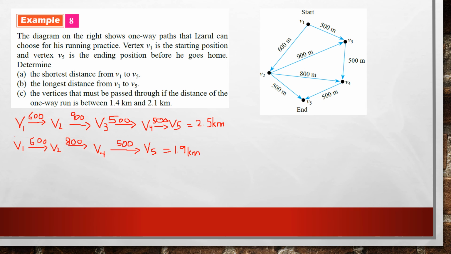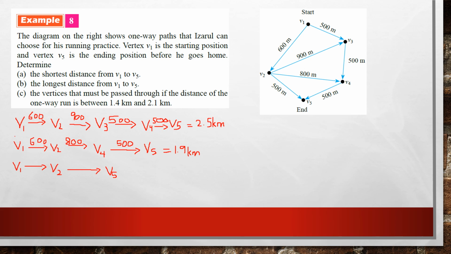Then we also have another way. From V1, still we go to V2, but now we don't go to V3 or V4. Straight away we can go to V5. There is another way that we can go straight away to V5.